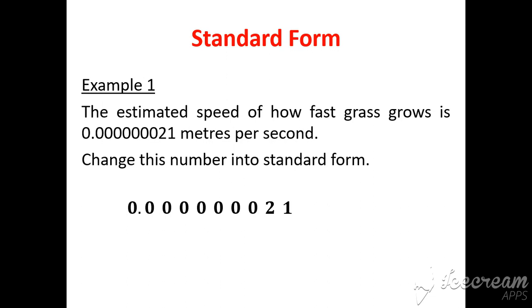We've moved the decimal point 8 times to the left, so we write it as 2.1 times 10 to the power of -8. It's negative because we've multiplied by a tenth, or moved the decimal point to the left.